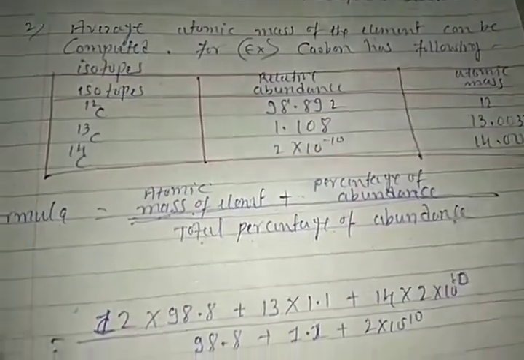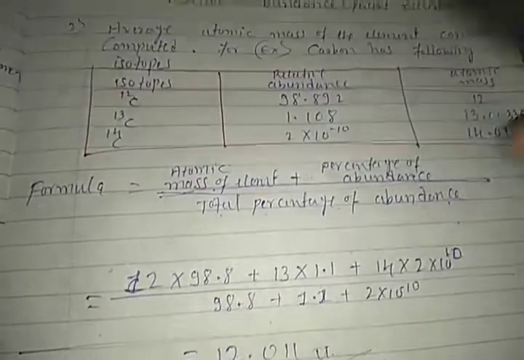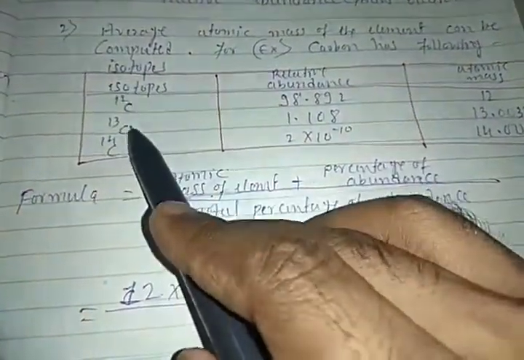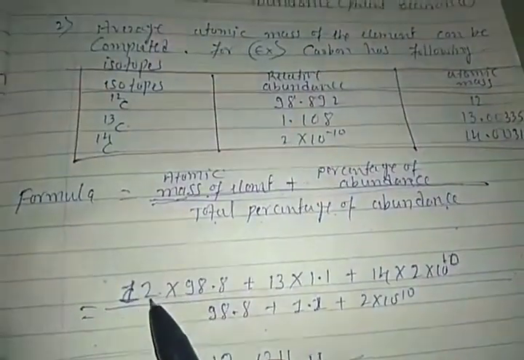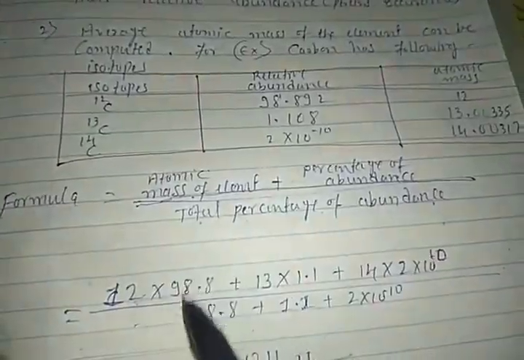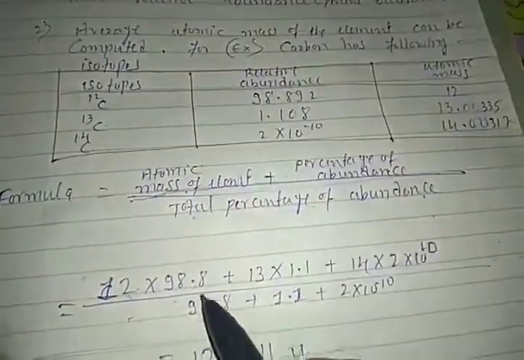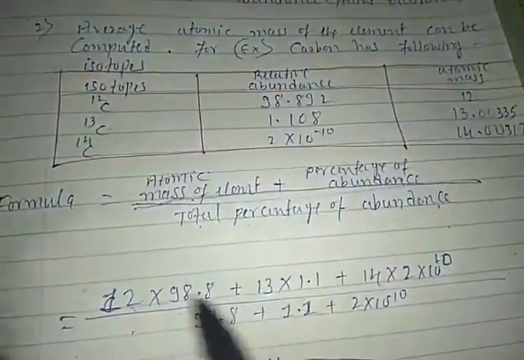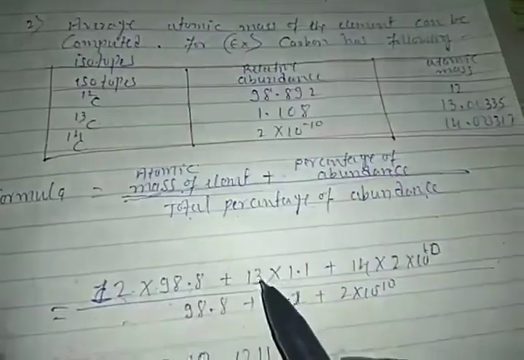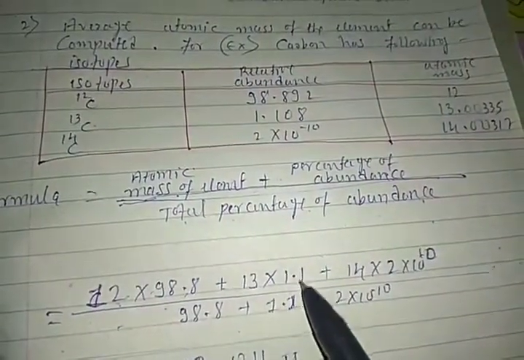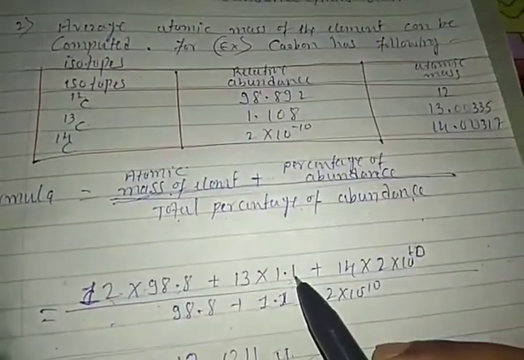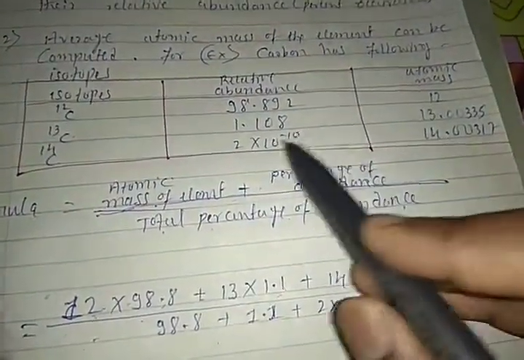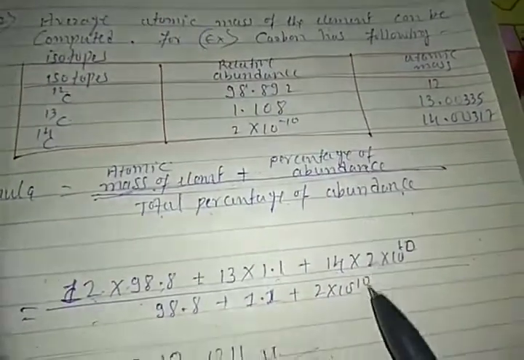Right students, look here. Carbon is available in three forms: carbon 12, carbon 13, carbon 14. First we use carbon 12, its availability is 98.8%. Second, plus carbon 13, percentage availability is 1.1%. Carbon 14, percentage of availability is 2 into 10 to the power of minus 2.